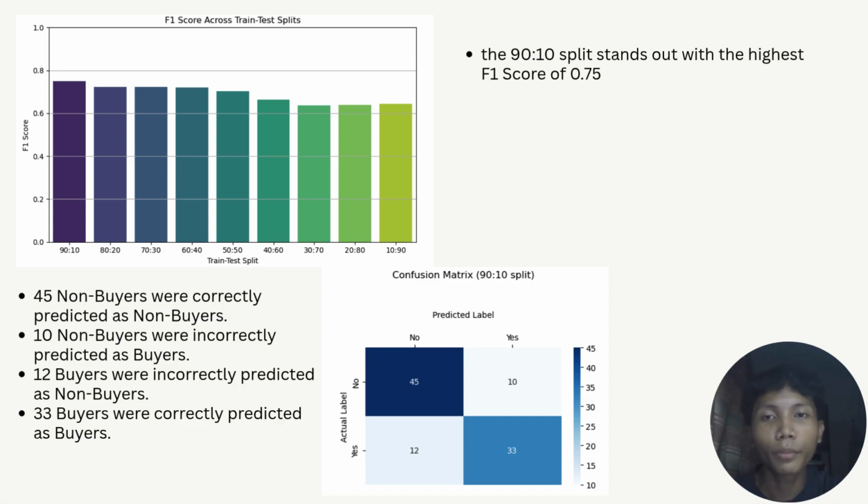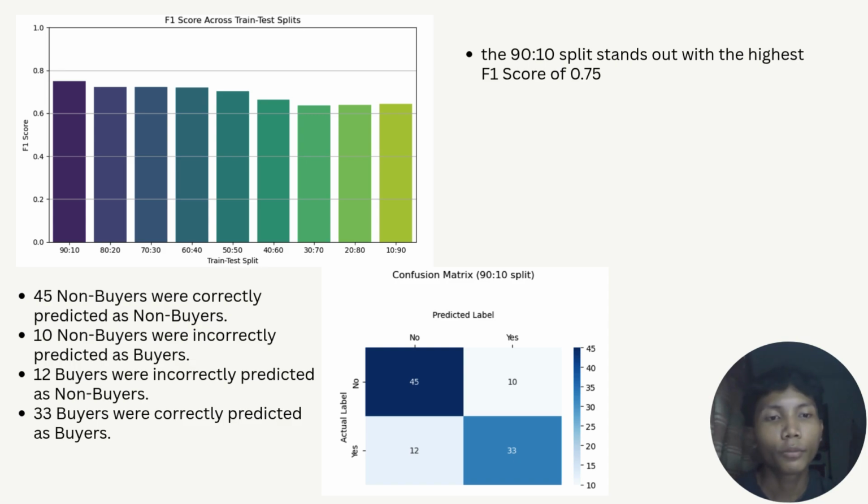We can also see that it made 10 false positive errors, where the model predicts some customer would buy but the customer didn't buy, and it also made 12 false negatives, that is, missing actual buyers.